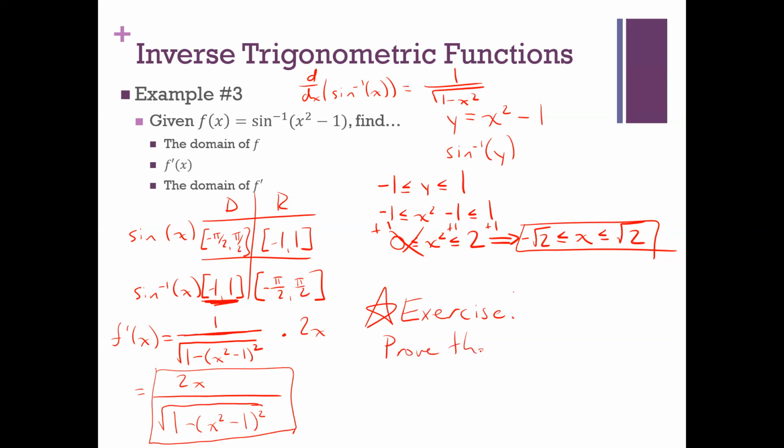Prove that the domain of f prime is negative radical 2 is less than x, which is less than radical 2. Is that the same as the domain of the function? No, it's not the same. So yeah, not including the endpoints, but it's identical except for exactly 2 points. All right. I think that's it.